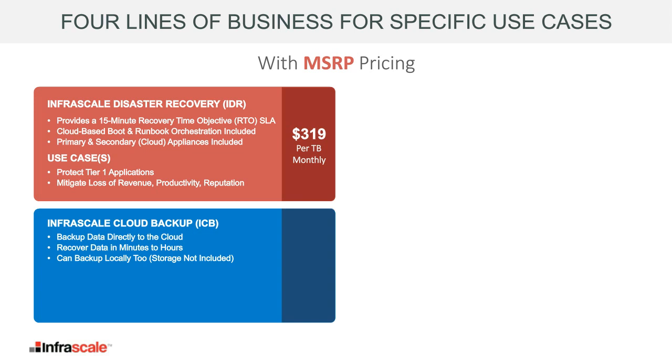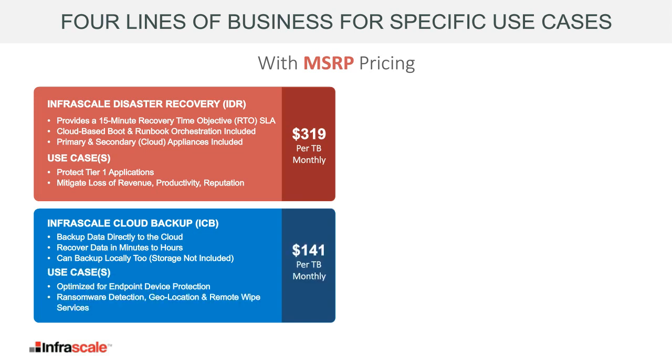But the coolest part of this solution is that it also includes ransomware anomaly detection, geolocation services, and remote wipe services, and not only protects Windows servers, but also endpoint devices, and it's optimized for those endpoint devices, inclusive of iOS and Android. And that has a $141 per terabyte per month price.